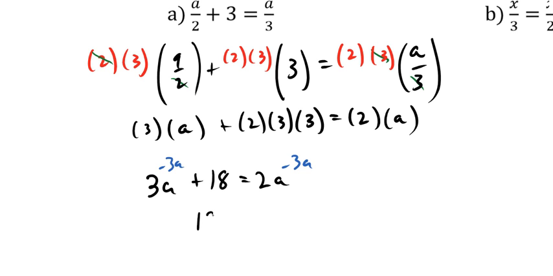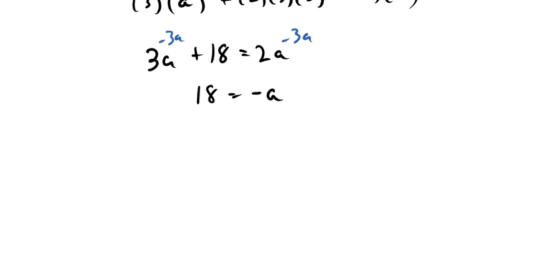And I get 18 equals, what's 2 minus 3? It's negative 1. And then divide both sides by negative 1. And negative 18 equals a. You okay with that?